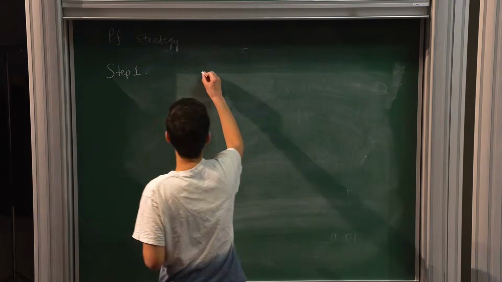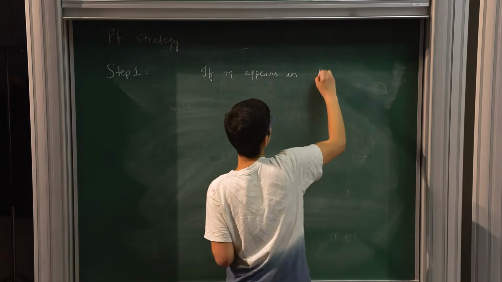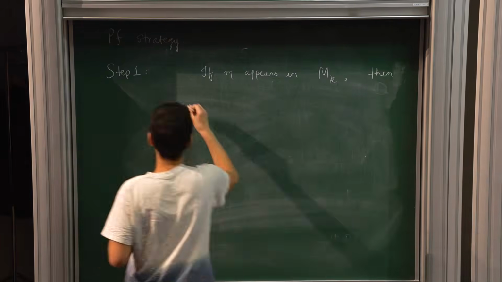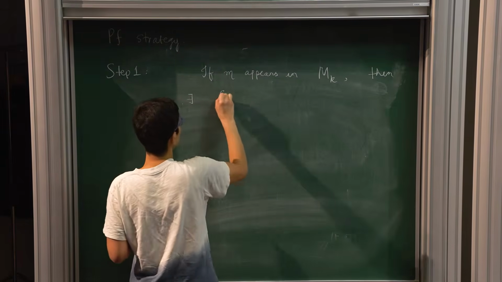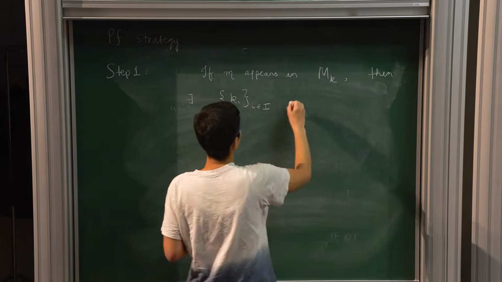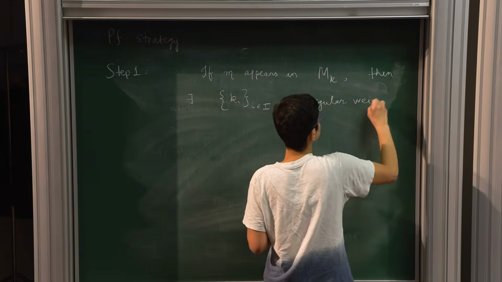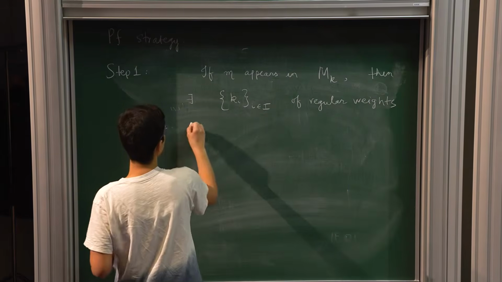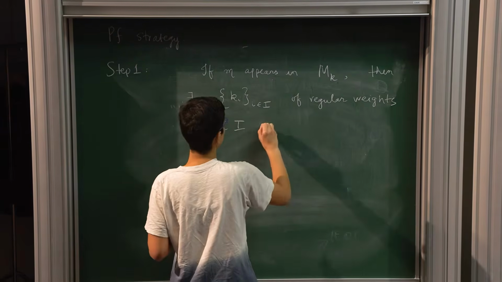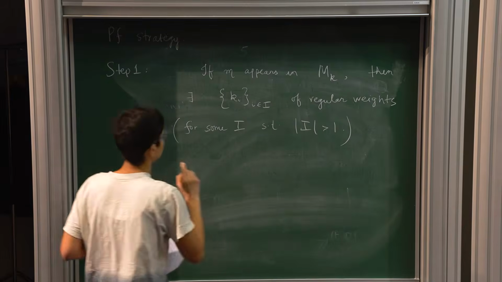So step 1 is that if m appears in M_k, meaning the localization at this maximal ideal is non-zero, then there exists some set of weights k_i indexed by some finite set I of regular weights, for some I of cardinality at least 2, some I such that |I| is bigger than 1, right?